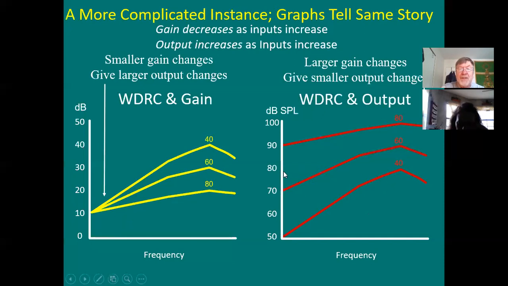80. So here's an input of 60. At the low frequencies, I wanted 10 dB of gain, so my output is 70. And if I wanted a gain of 30 dB for a 60 decibel input, now I'm at 90.